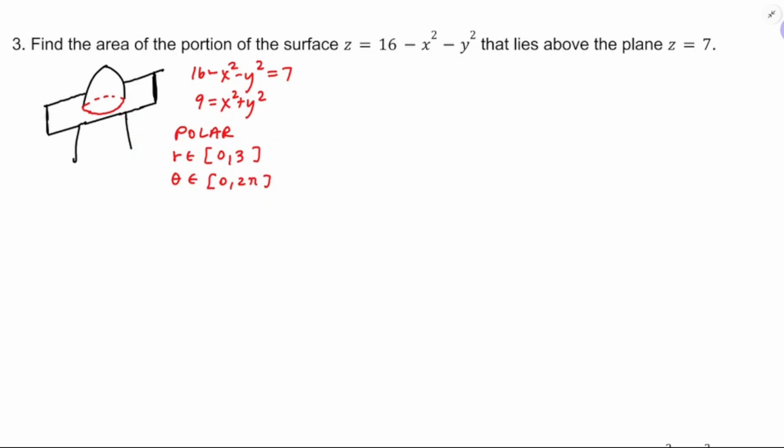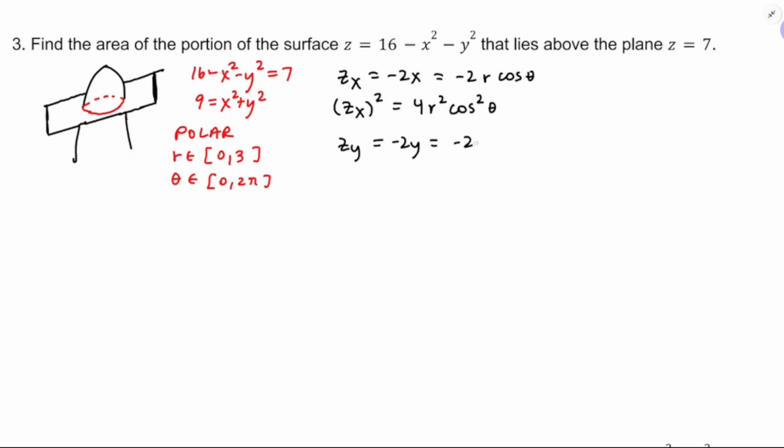Okay, now I'm going to need partial derivatives. So zx equals negative 2x, which, because we're going into polar coordinates, is negative 2r cosine theta. If I square zx, I'm going to get positive 4r squared cosine squared theta. Zy is going to equal negative 2y, which would be negative 2r sine theta.